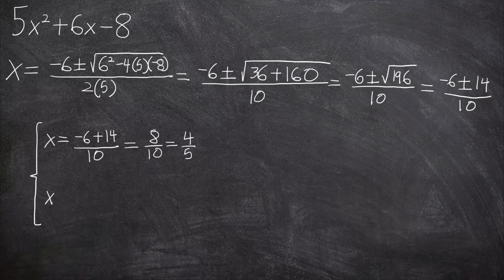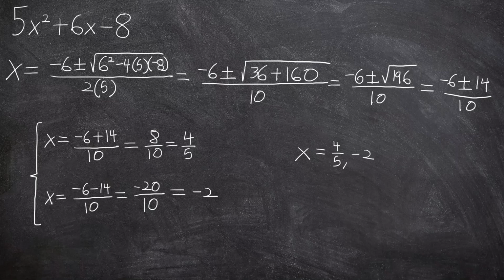Now let's work with minus. Negative 6 minus 14 over 10. Negative 6 minus 14, negative 20. And this will be over 10. And this simplifies down to negative 2. And our x values will be 4 over 5 and negative 2. And this is our final answer right here.